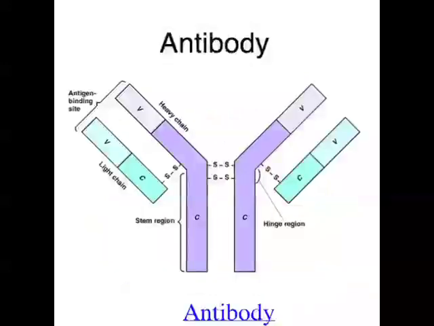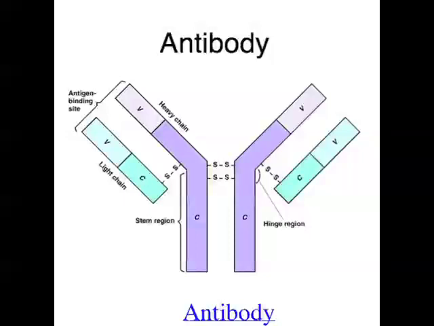So you can imagine, with all the millions of different types of bacteria and viruses there are, that there must be millions of different kinds of non-self markers. So the body must have some way to recognise all of those millions of different types of non-self markers on foreign material. So what happens is, B cells have these really special proteins on their surface called immunoglobulins, or they're also called antibodies.